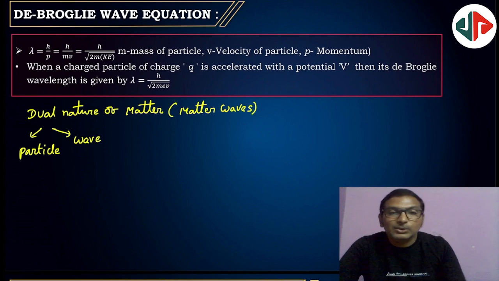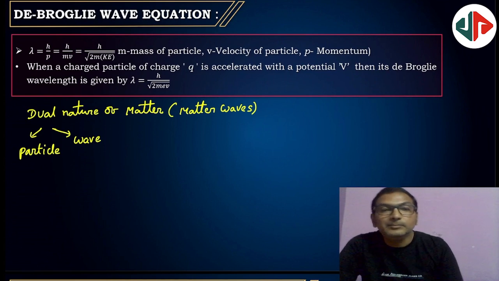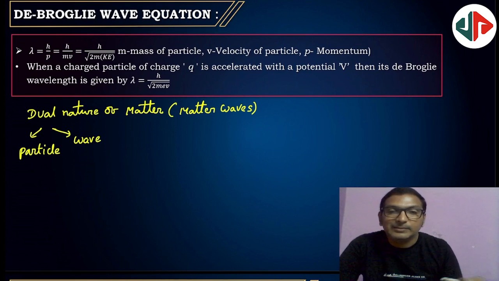So any microscopic particle will have particle nature as well as wave nature. Therefore, these two are known as dual nature. What is the meaning of matter waves? Matter waves means the waves associated with material particles. Material particles means molecules, atoms and subatomic particles. That means by using de Broglie's wave equation, we can calculate wavelength of any material particle. Subatomic particles means electrons, protons and neutrons.